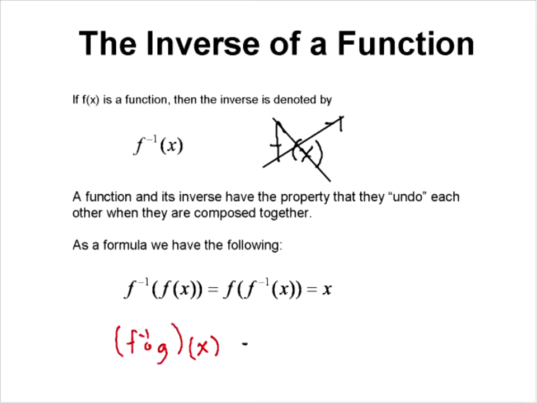This is just f to the negative 1 of f of x, and this shouldn't have been a g of x. Let's go back and correct that. That should have been f to the negative 1 of itself, f of x. So that's just the notation and what the inverse is.